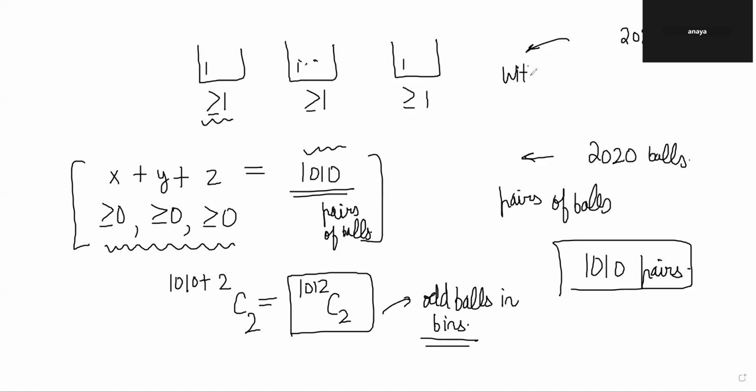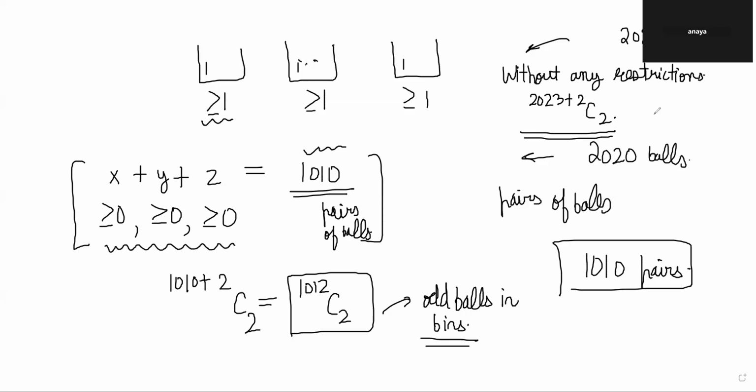Without any restrictions, if I just put 2023 balls, I will just do 2023 plus 2 C 2, by the stars and bars method.